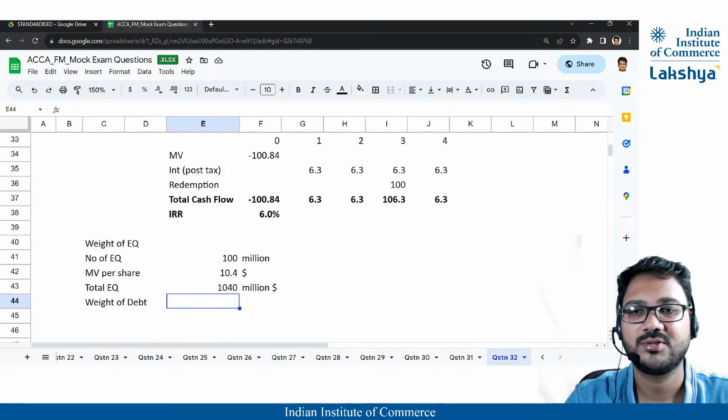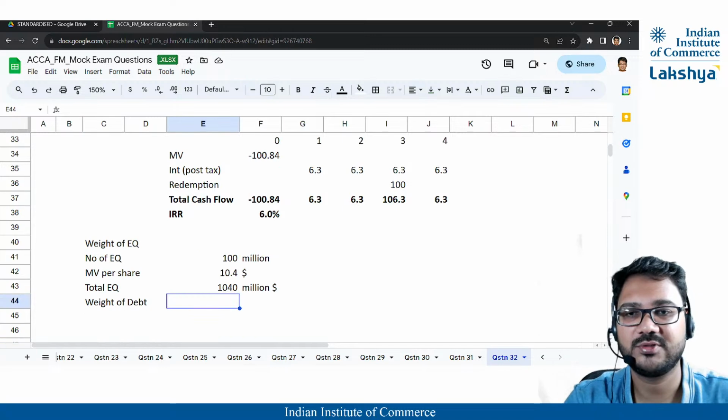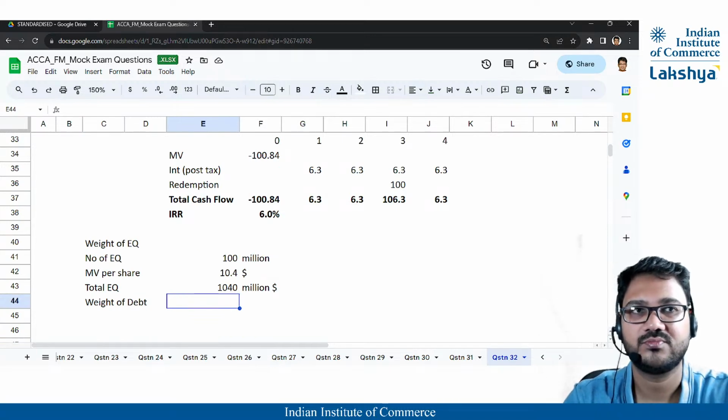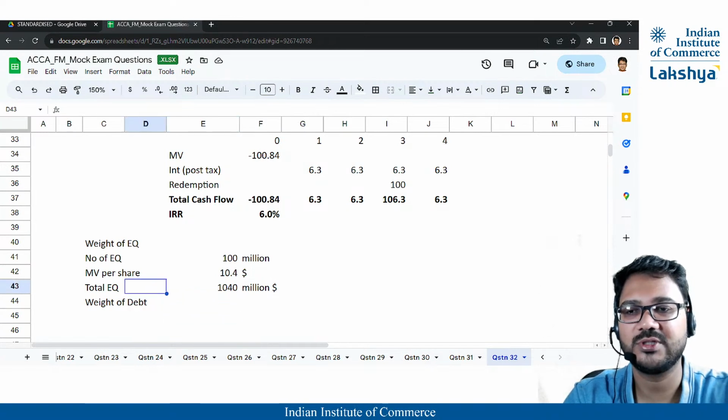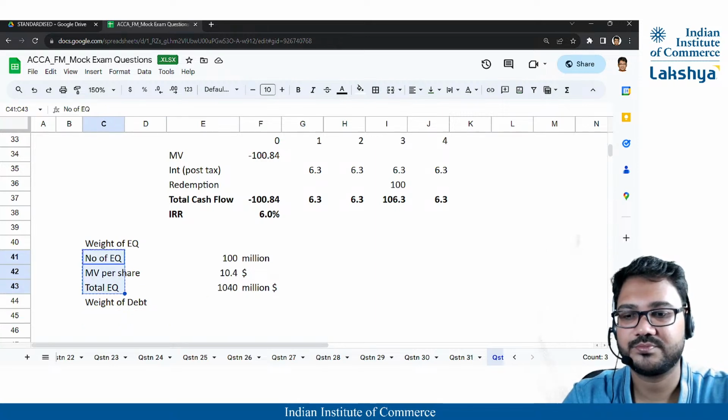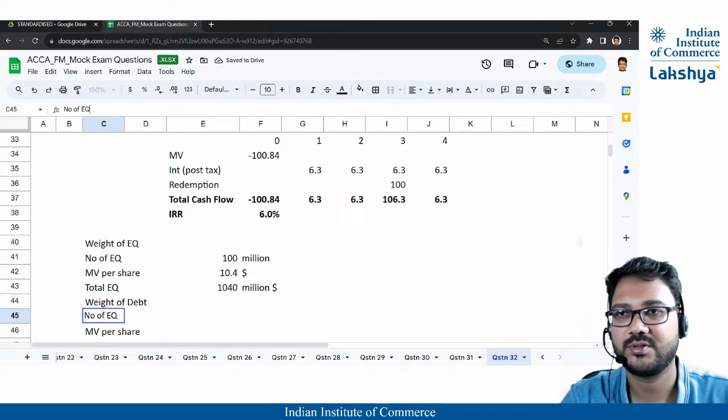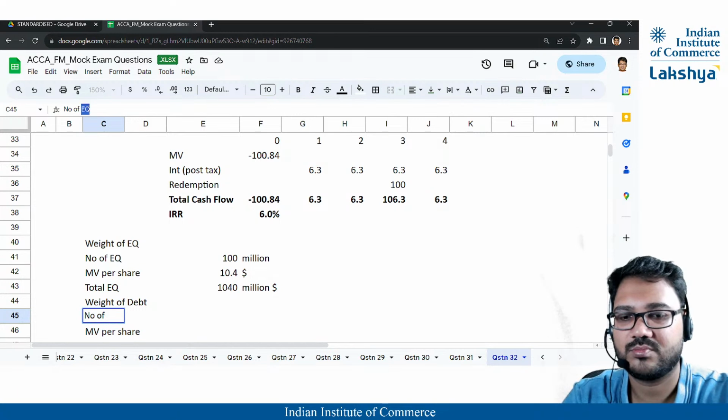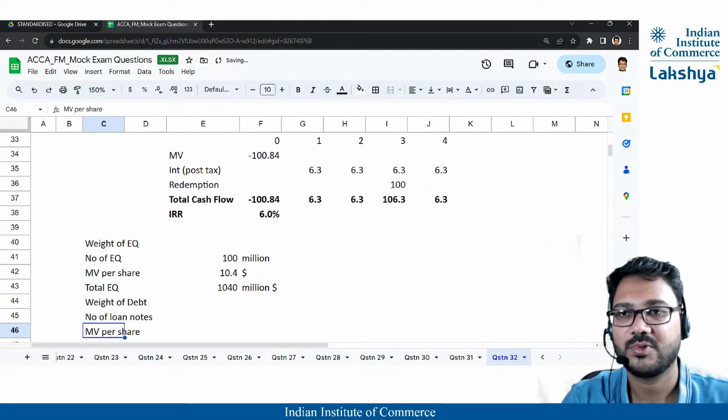So we can do the same thing as before: number of loan notes and market value per note.